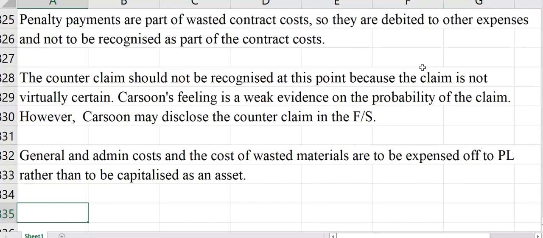Then we go back to look at the contract modification. They are changing the terms and conditions.